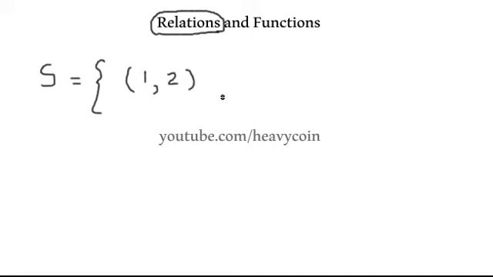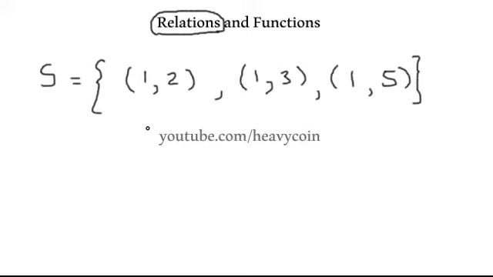In a previous section we talked about ordered pairs, and we're going to get into the details coming up. So here's a finite set with just three ordered pairs in it. This is considered to be a relation.